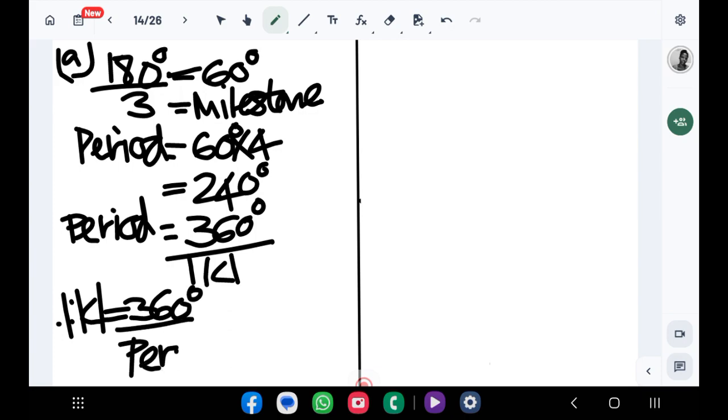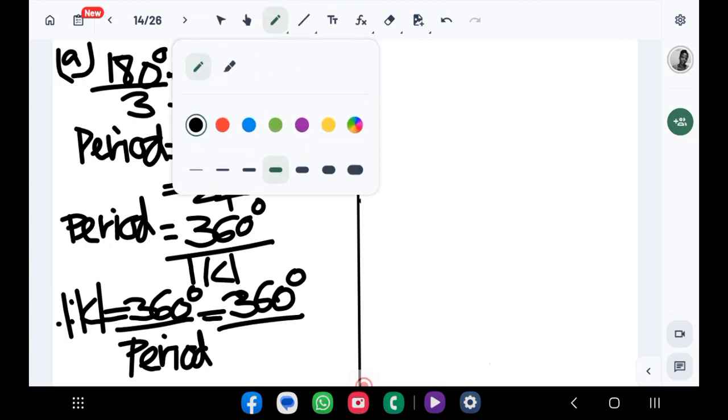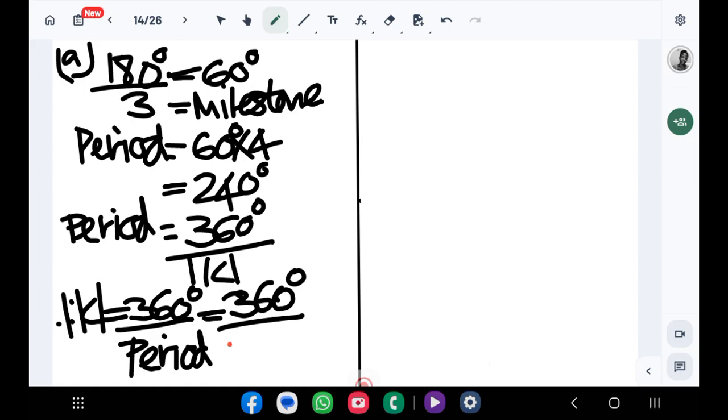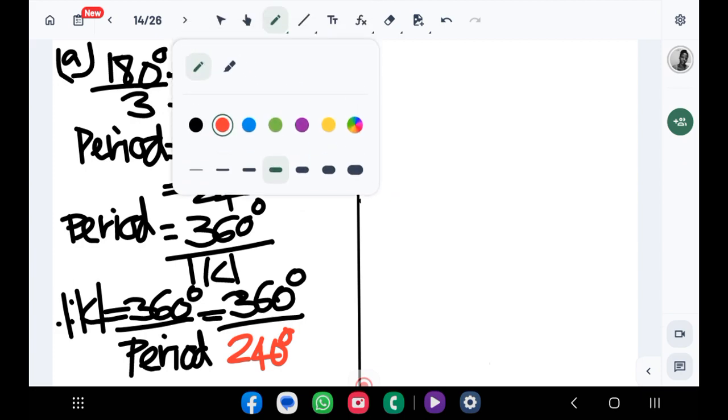And we know the period in this case is 240 degrees.